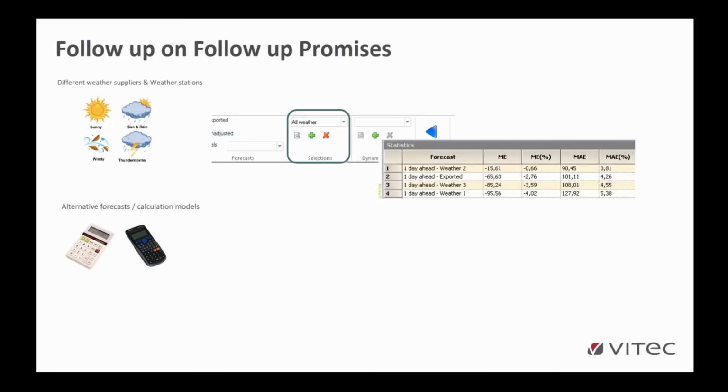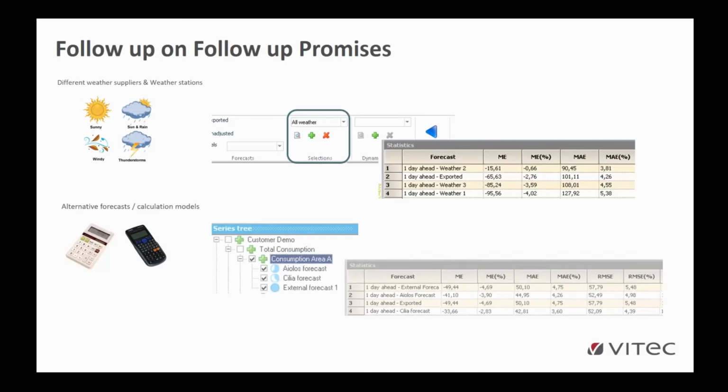For calculation models and alternative forecasts, one of the best ways is with the dynamic fraction. So here, for example, if you only want to use the Aiolos forecast, you can still put this on 100% and these two others on 0, but then you can backtest and evaluate still, and see how much we could have improved, or how good it would have been if we had utilized both the Aiolos and Celia model and also the external forecast model.